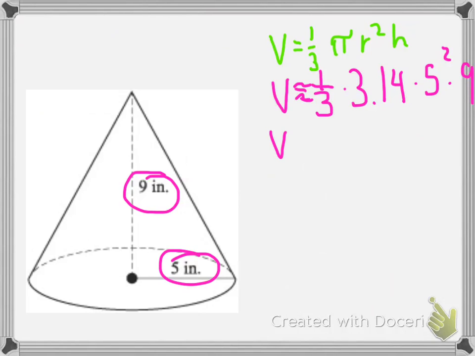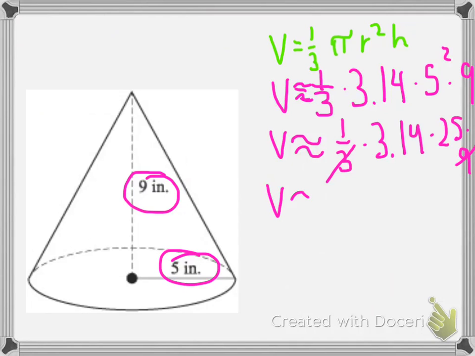So volume approximately equals 1/3 times 3.14 times 25 times 9. Well, I'll put the 9 down here. So you see, 9 is divisible by 3. So 9 divided by 3 is 3. So volume approximately equals 3 times 3.14 times 25.